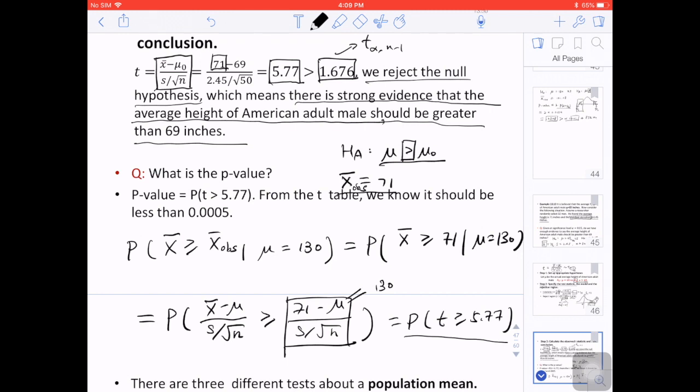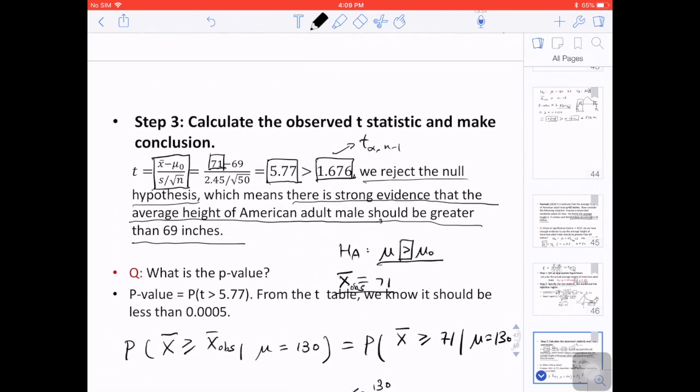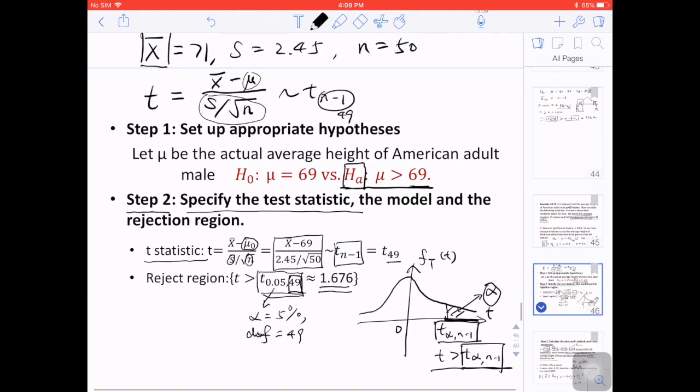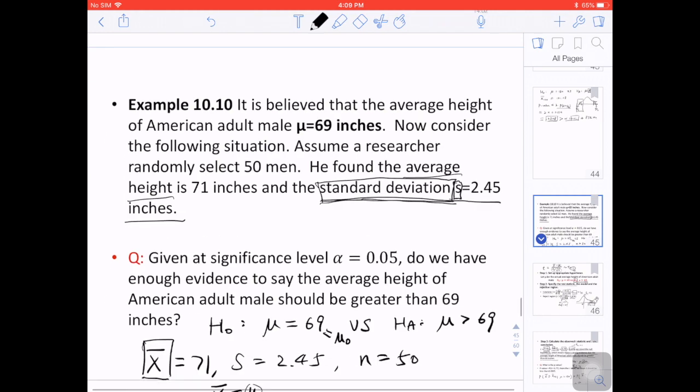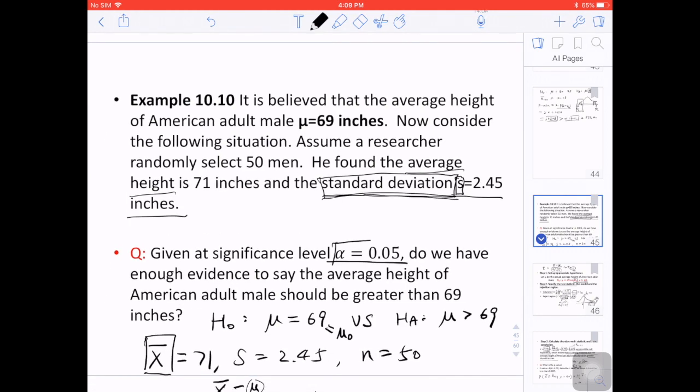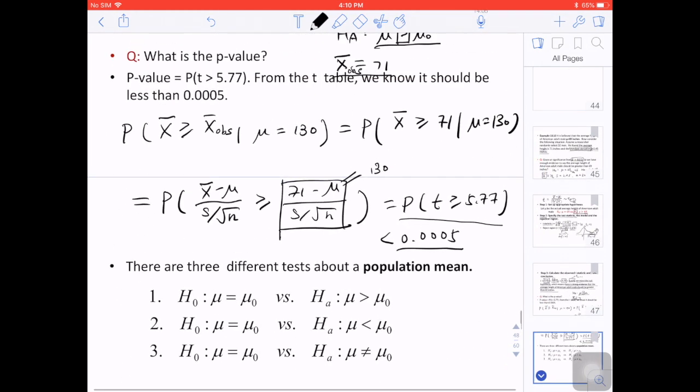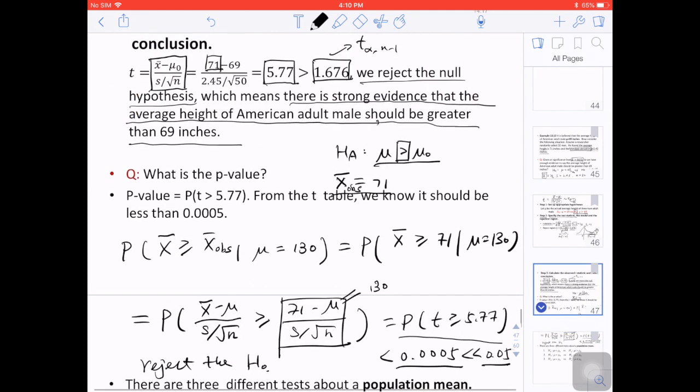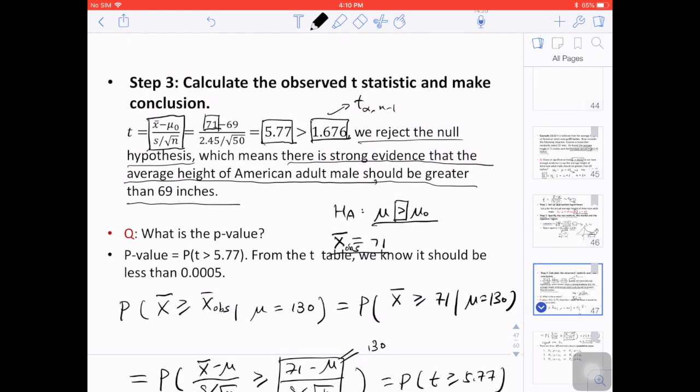This one is smaller than 0.0005, which is very small. And because we have stated that our alpha is equal to 5%, this p-value is much smaller than 0.05. So we reject the null hypothesis and support the alternative hypothesis, which has the same conclusion as the rejection region method.